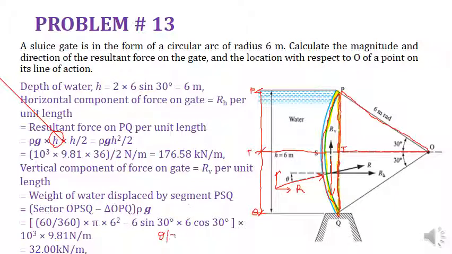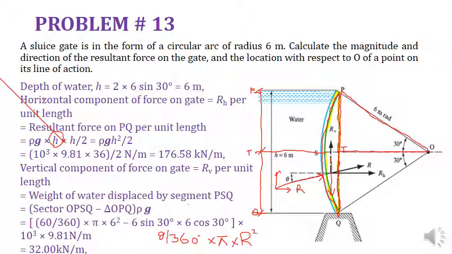If this is the case, then you are familiar with the formula to determine the area of a sector, which is equal to theta divided by 360 into pi into r square. If not, you can revise it.